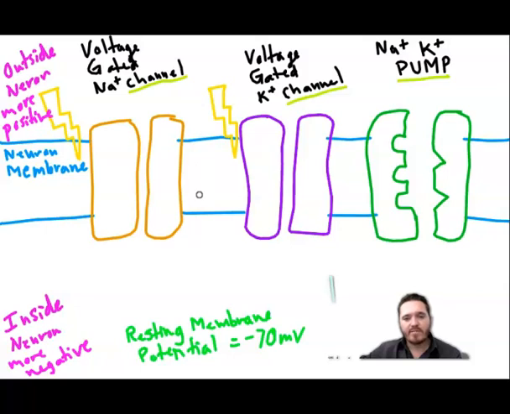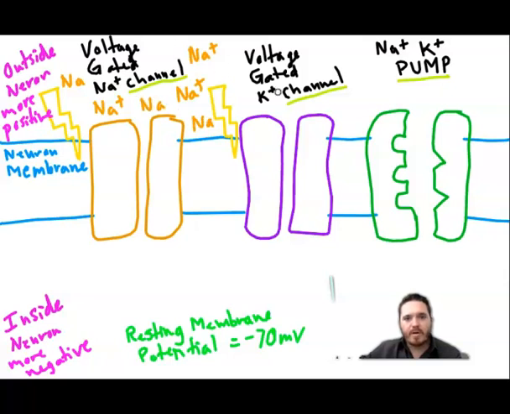So as I said before, though, there is this difference from the inside to the outside of the ions, the sodium and potassium, that causes this initial resting membrane potential to be created. So what is that difference? Well, there's way more sodium ions outside of the neuron than inside.